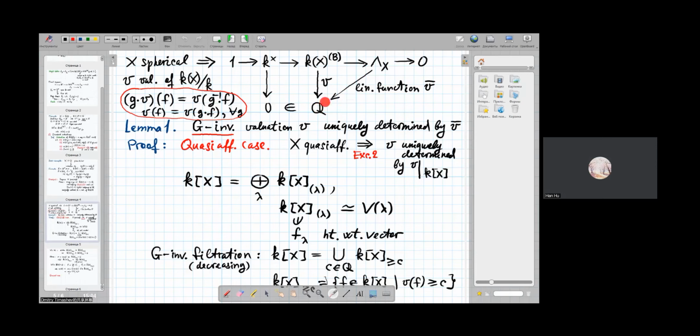Not every linear function on lambda x defines a valuation. This is not true. But I'm not discussing this issue. I am just saying that if you have a linear function V bar coming from a G invariant valuation V, then this V is unique. Okay?